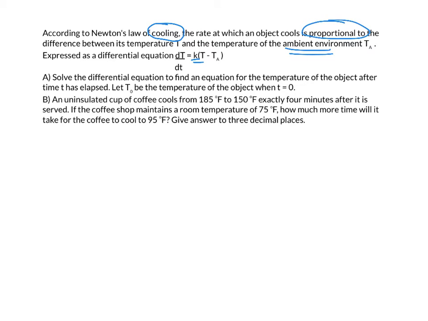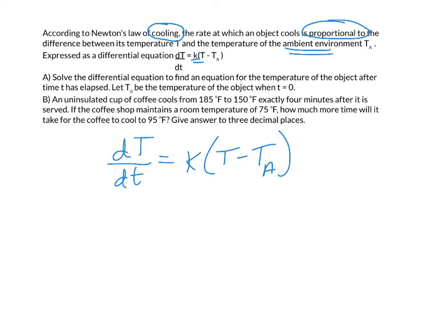I'm going to start by solving my differential. So here's my differential equation, dT/dt = K(T - T_A). Okay, now when we solve a differential, what we have to do is combine the like terms. We need all the capital T's on one side, all the lowercase t's on the other side.